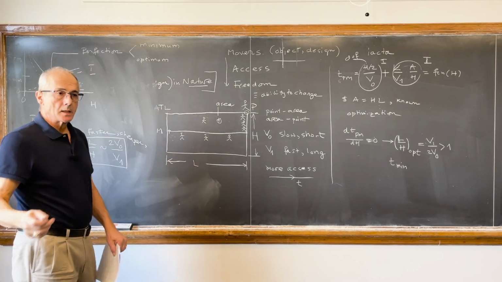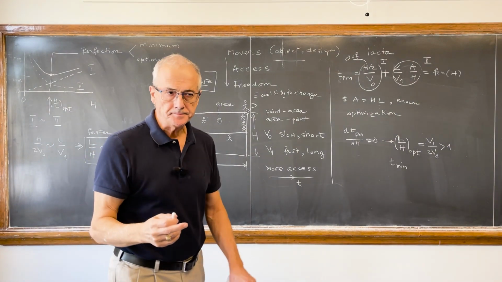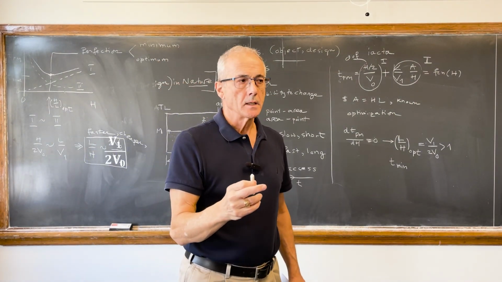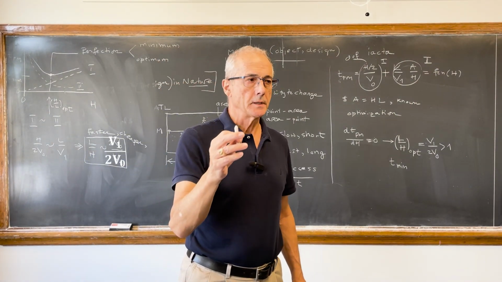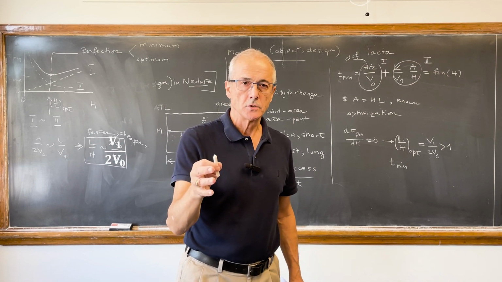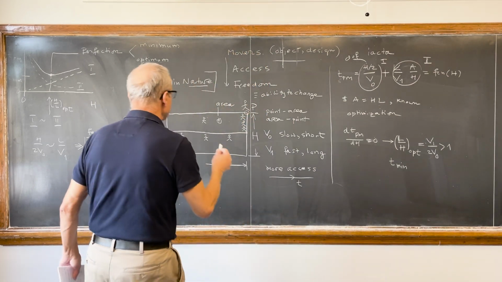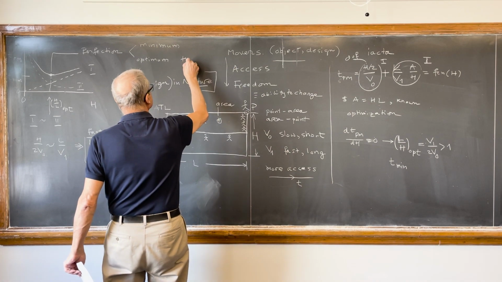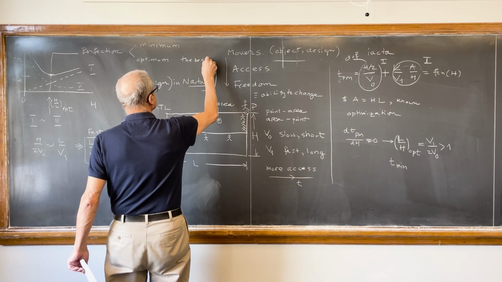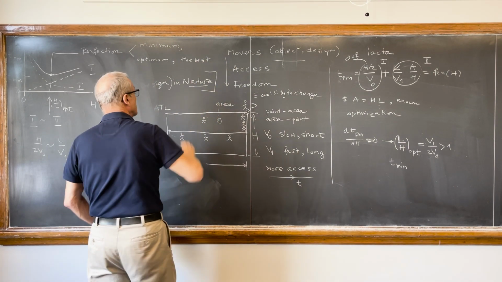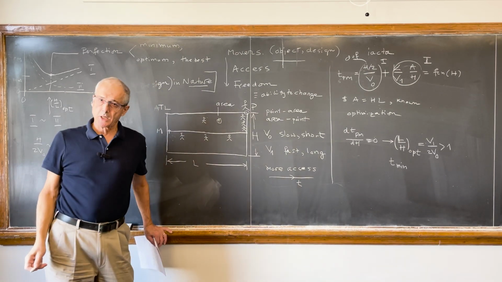Now, these are Latin words. They are both superlatives. Optimum means the best. Minimum means the smallest.